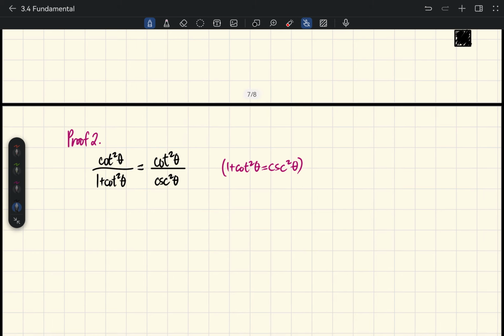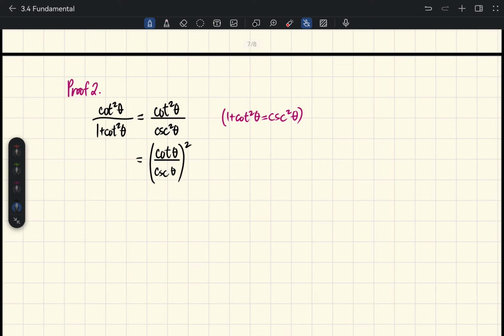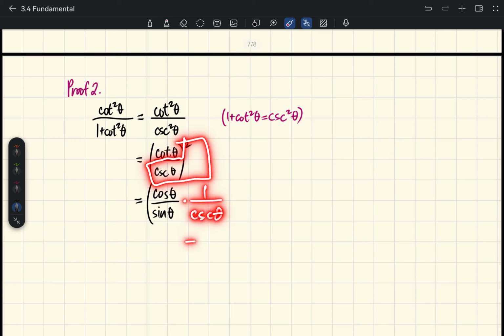And then, we can write this expression as cotangent theta all over cosecant theta raised to 2, which, upon rewriting, first, we have cotangent theta, which we can write as cosine theta over sine theta, and we have right here 1 over cosecant theta, which is just equal to sine theta.